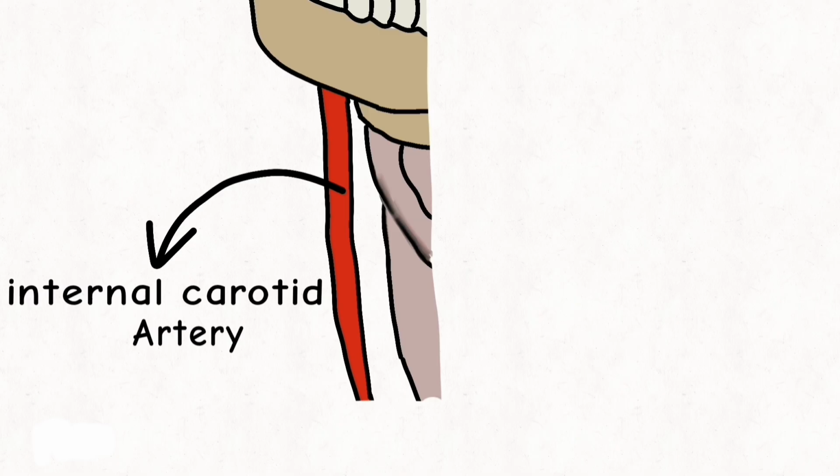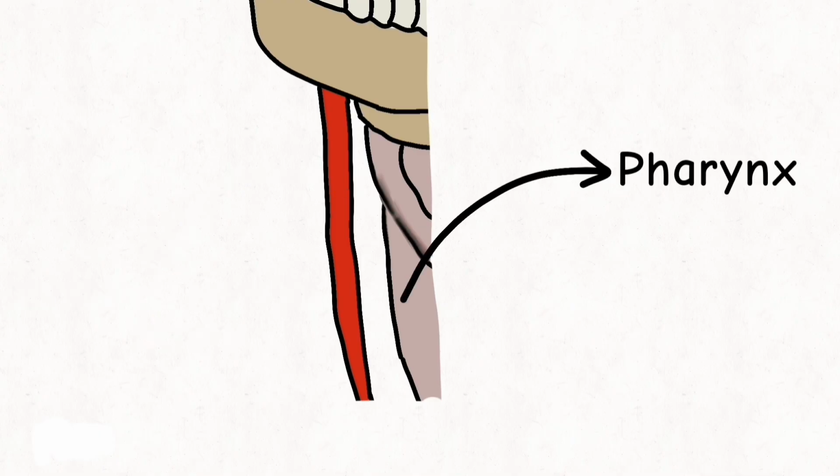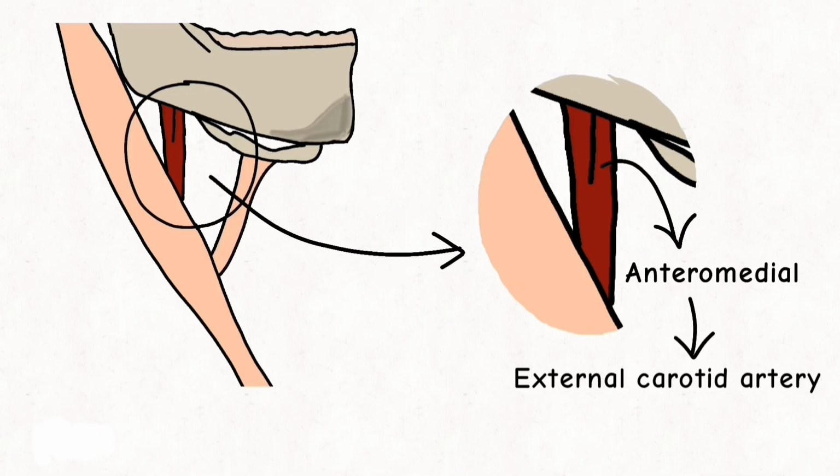Toward the medial of the internal carotid artery, there is the pharynx, and the second structure we see is a little bit anteromedially, and we have already studied this structure in the anterior relations of the internal carotid artery. So the second structure is the external carotid artery.